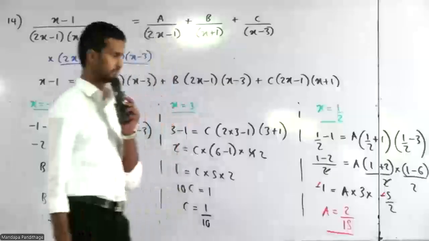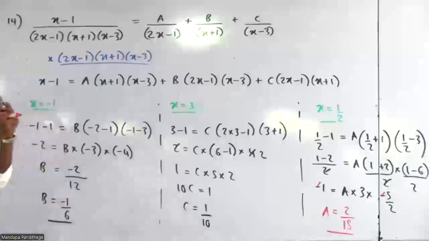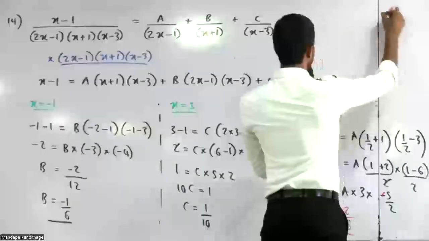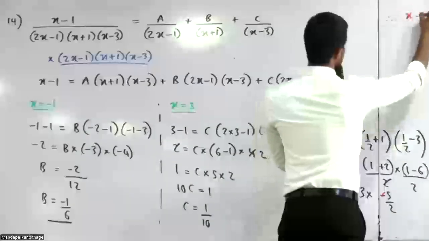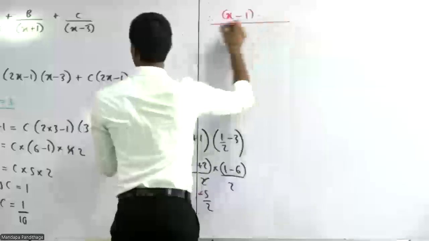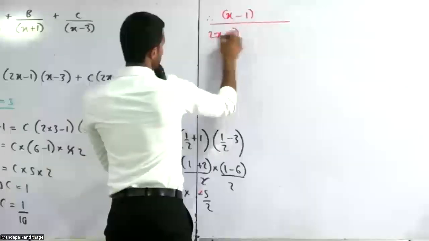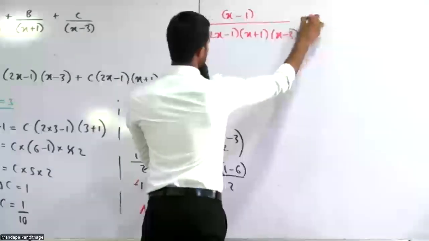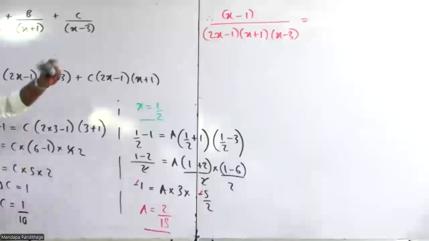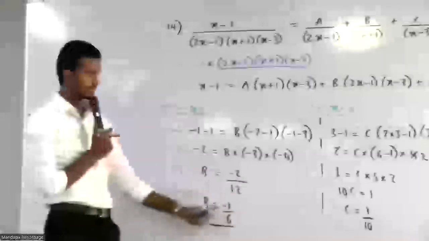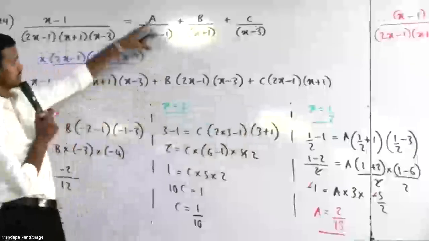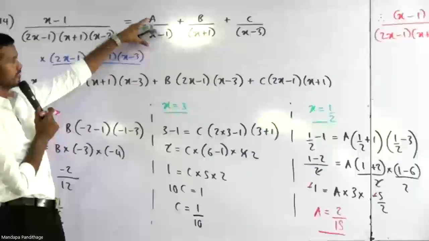Got it? Okay, now look at this. When you're writing the final answer, it's (x minus 1) divided by (2x minus 1)(x plus 1)(x minus 3), and it's equal this way. Just one minute, look at the board. Here, you have taken that A is equal to 2 over 15. When you put it here, 15 comes down.